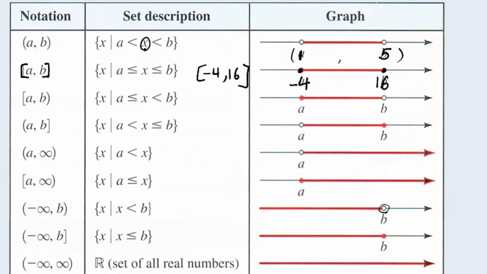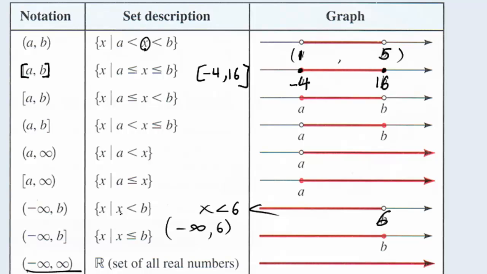You're starting at b, not including the b, but you're including everything below it. So here we're talking about x, all real numbers less than b. If b is 6, I'm talking about x less than 6, which I write as, well, from 6, not including 6, and going down forever to negative infinity, to lower numbers.